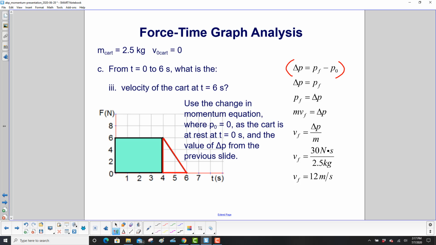And since we're starting at 0 seconds, there is no initial momentum. So the change in momentum is the final momentum. Final momentum now is mvf. That equals the change in momentum. Divide both sides by m. Plug in the change in momentum for this whole area here, which was 30 newton seconds, divide it by the mass, and get a final velocity of 12 meters per second.